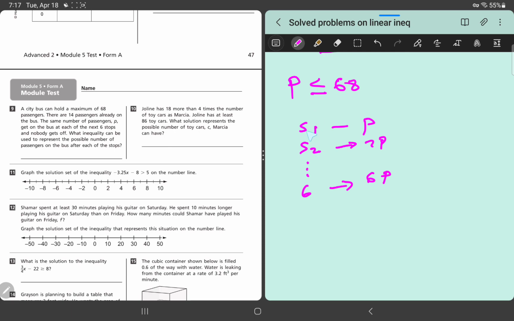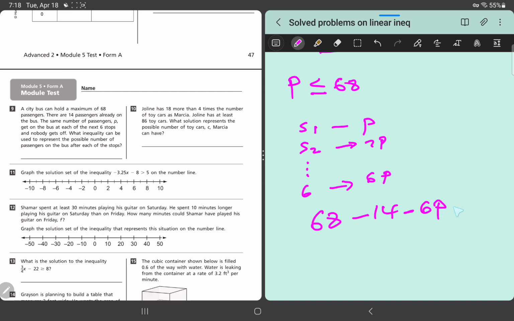The question says what inequality can be used to represent the possible number of passengers on the bus after each of the stops. So the total amount is 68. So at the beginning it has 14, plus 6 times P.